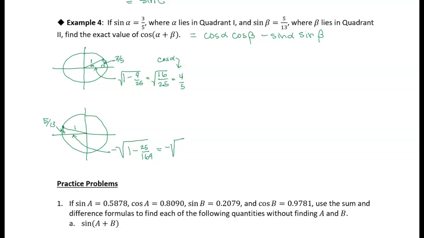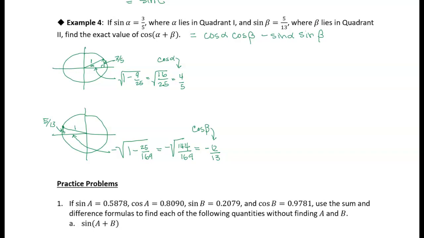Now 169 over 169 minus 25 over 169 gives us 144 over 169, and that is negative 12/13. All right, so that is our cosine of beta. Negative 12/13, because we're in the second quadrant.